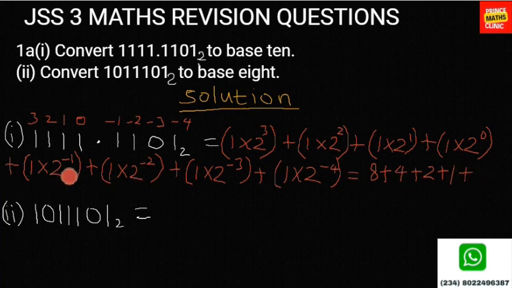Let's come to the decimal part. This 2 to the power of -1 means 1 over 2. So I'm going to add it. Then 2 to the power of minus 2 means 1 over 4. 1 over 4 times 1 is 1 over 4.